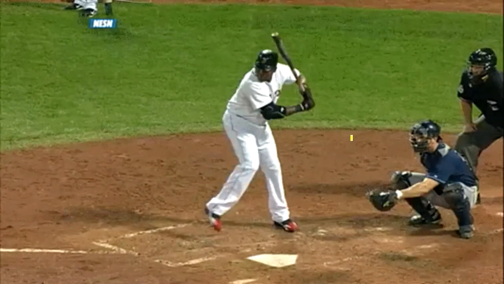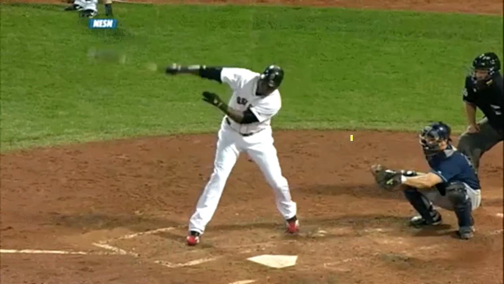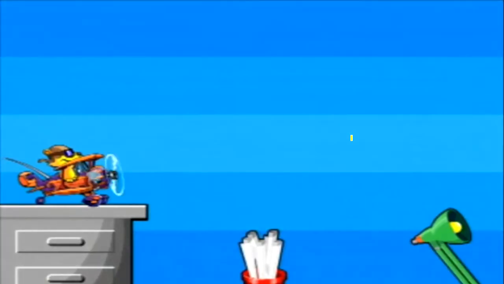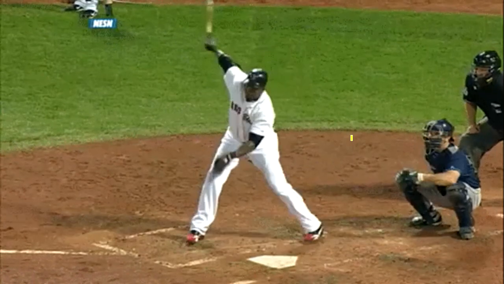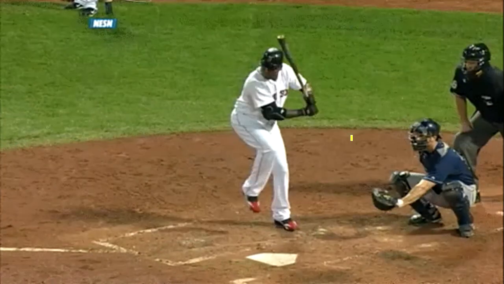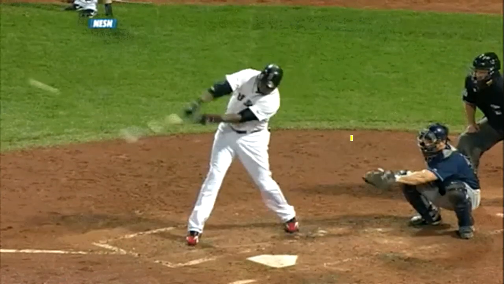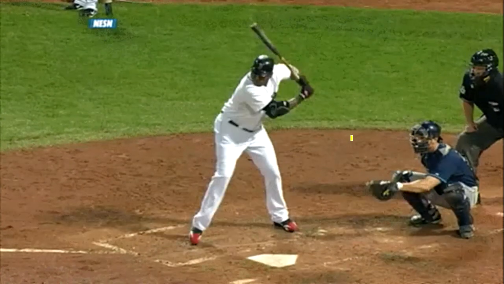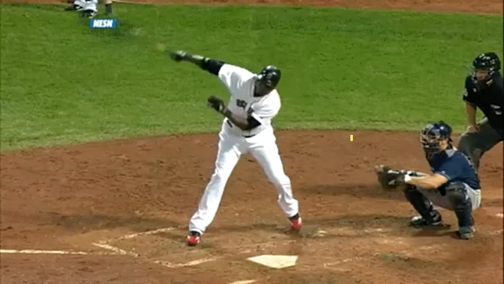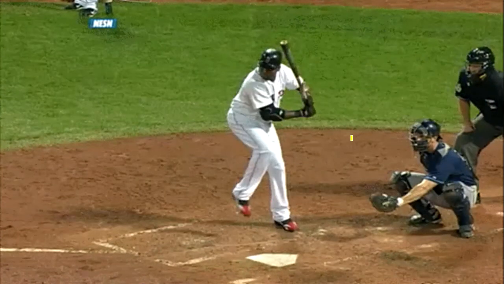Other kinds of forces, for example riding a bicycle, a cyclist pedaling steadily, and a balloon rising slowly, are examples of continuous force because you are continuously working on it.